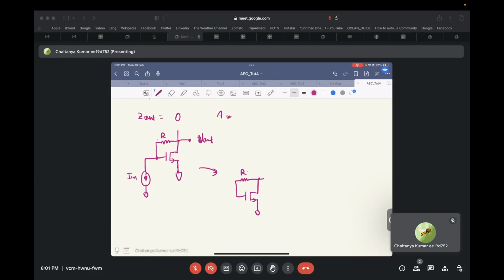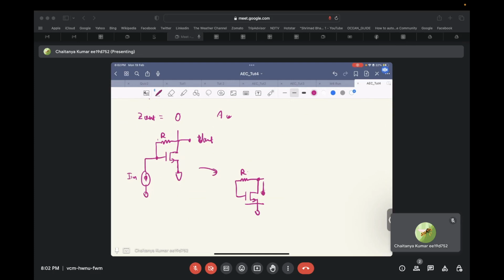In the incremental picture it looks like this. We assume that our MOSFET is in the active region of operation, and its job is basically to make sure that there is no incremental current. Again, I will put stress on this fact: make sure that incrementally your drain side is an open circuit.